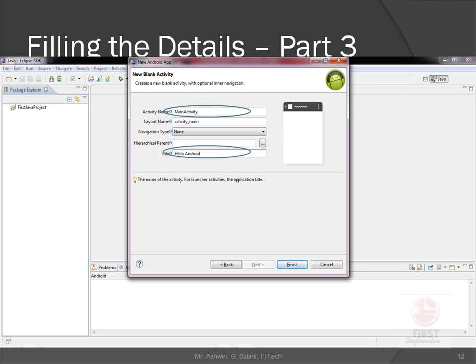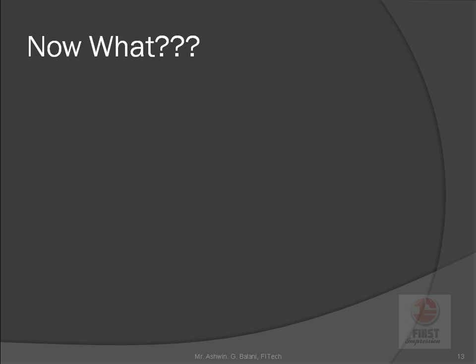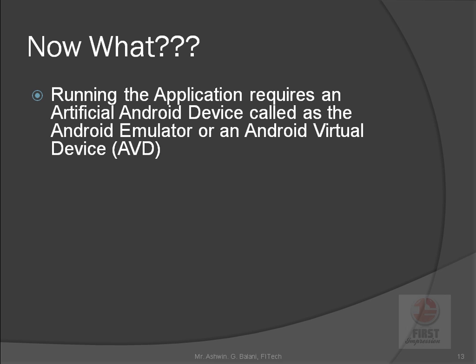This title will be the name of the application that will appear in the device menu. So just give this name as the name that you want to appear on the device menu. I'm giving the name to be Hello Android, and I'll be clicking on Finish. So this creates the Android application for us.